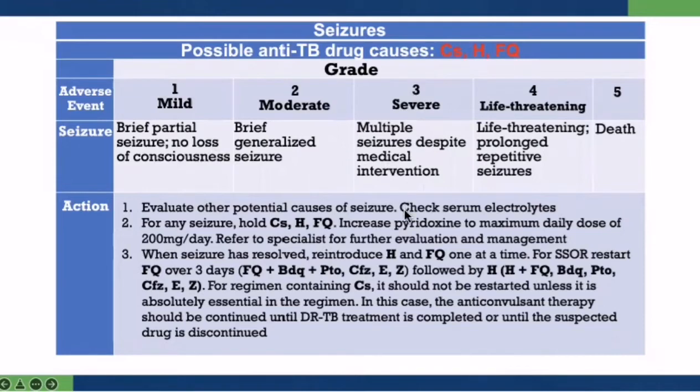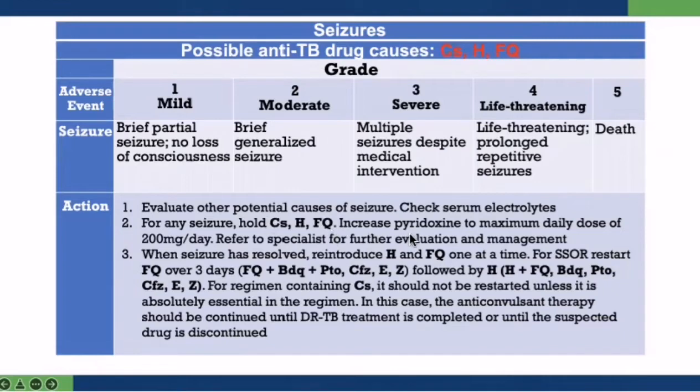So again, the same with our other adverse drug reactions, we evaluate for other potential causes of seizure. You may request as baseline your serum sodium, potassium, or calcium, and magnesium. So for any seizure, hold your possible anti-TB drugs like your cycloserine, isoniazid, and fluoroquinolones.